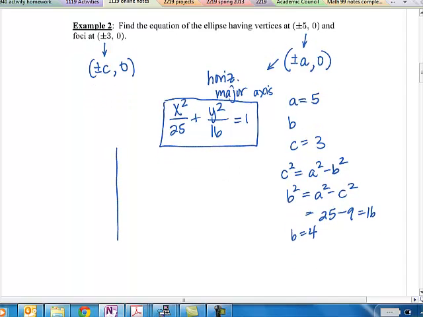And then we can see from the equation that the x-intercepts should be 5 and negative 5, 0, which fits with a equals 5, and the y-intercepts should be 0, 4 and 0, negative 4.